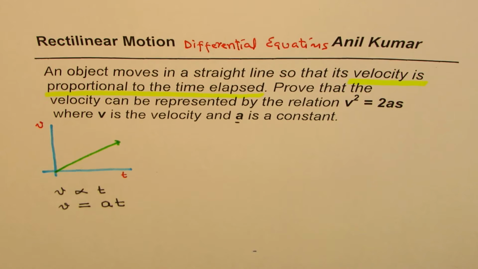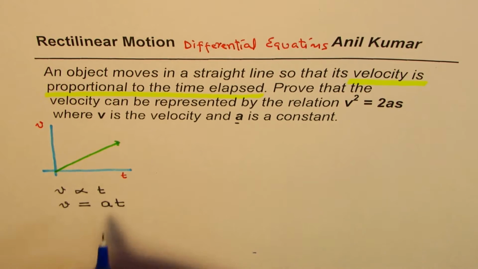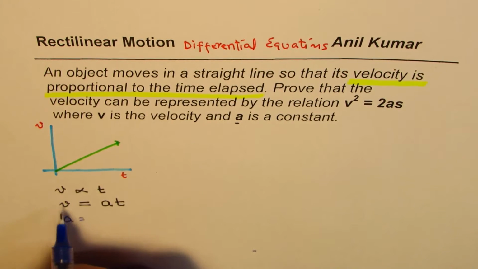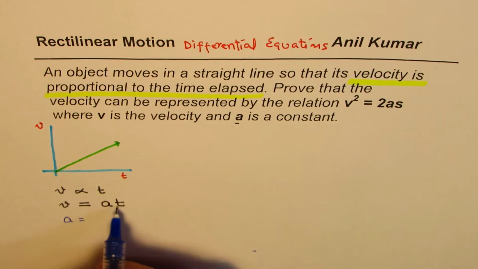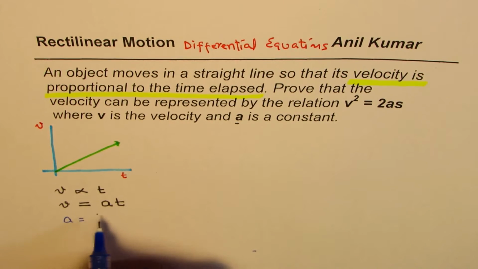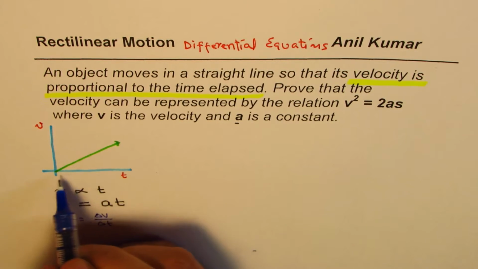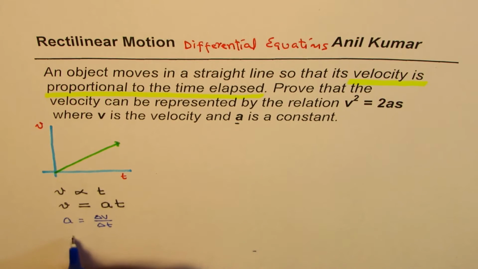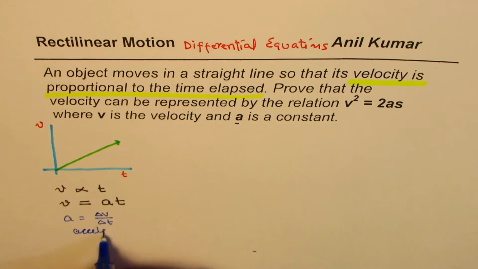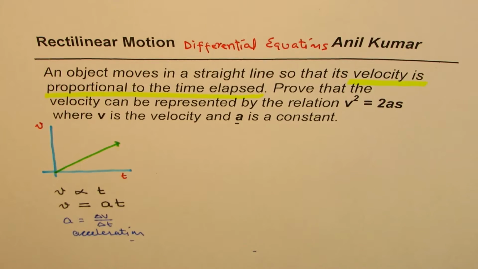In physics, you have already learned the significance of a. So a, you can see here, is basically change in velocity over t. A is actually change in velocity over change in time, which you can get from here also. And so we treat this as acceleration. So the letter a is actually a very, very important letter for us.